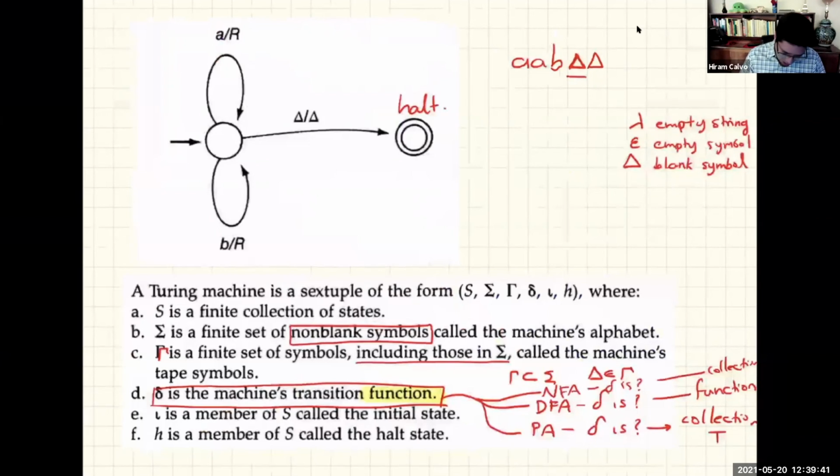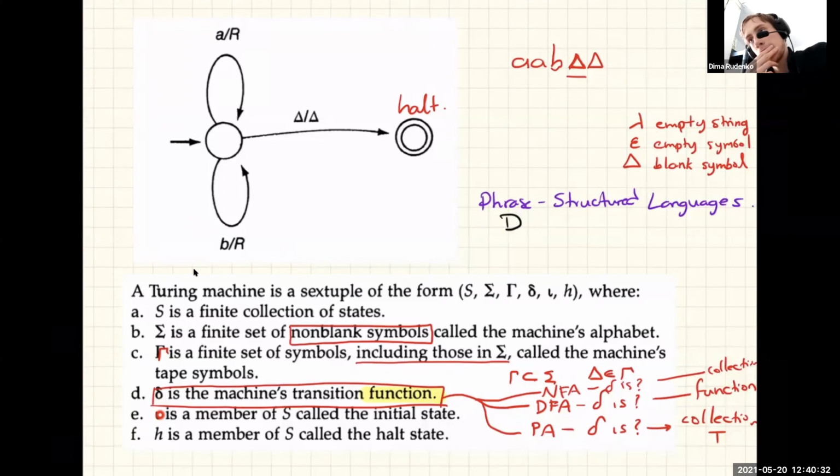Don't worry. Okay, so continuing with this definition, we have this iota, which is the initial state. And also we were doing the question. We have a halt state here. So by definition, we cannot have more than one halt state because it says the halt state, right?